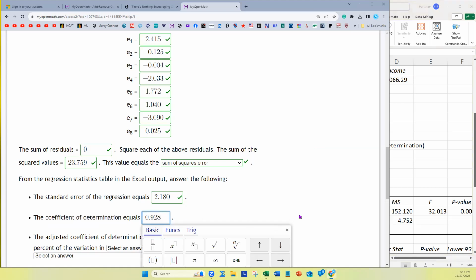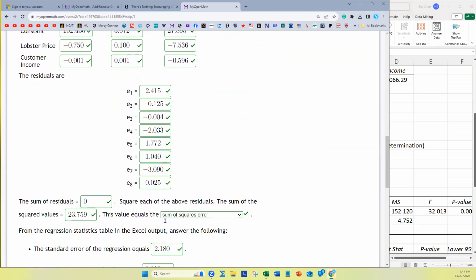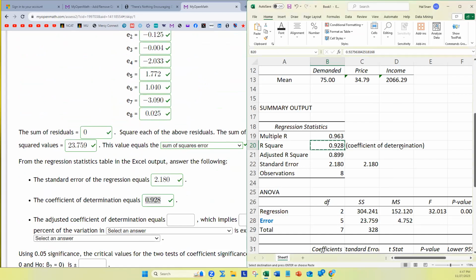And generally you want that high. Highest this value can be is 1. This can't get any higher than 1. Well, why is that? Because the coefficient of determination is the ratio of the sum of squares due to regression divided by the sum of squares total. Okay, it's that ratio.